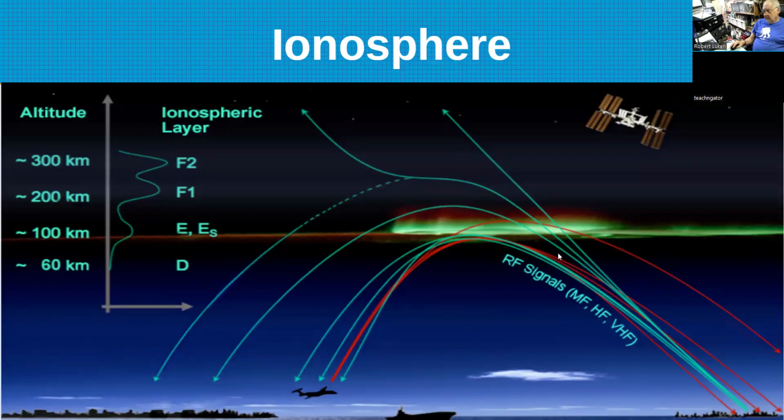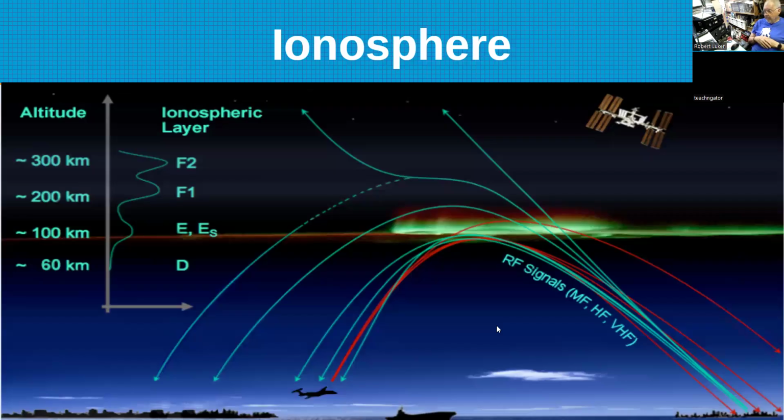And then some of them actually make it up to the F1 and F2 layer. If the frequency is too high or the angle is too high, then they just go straight through. But that also allows you to have communications with things in space. And you're usually doing that in the VHF and UHF bands.